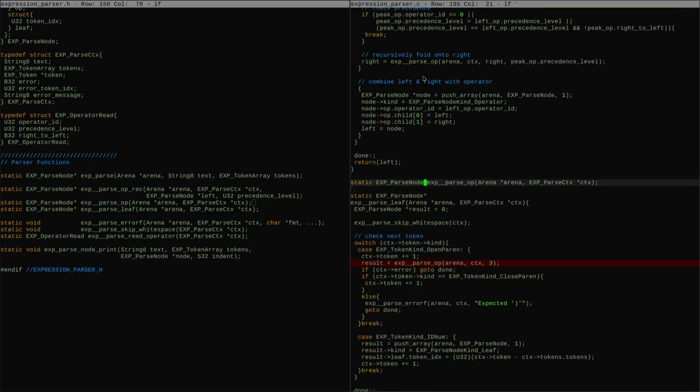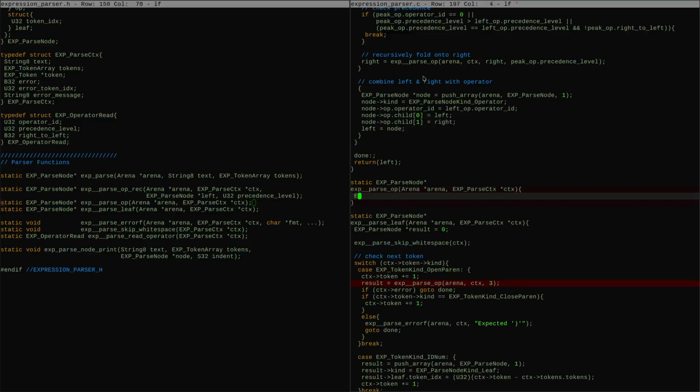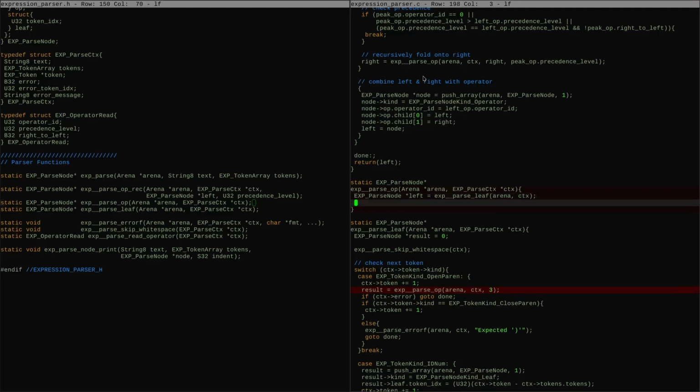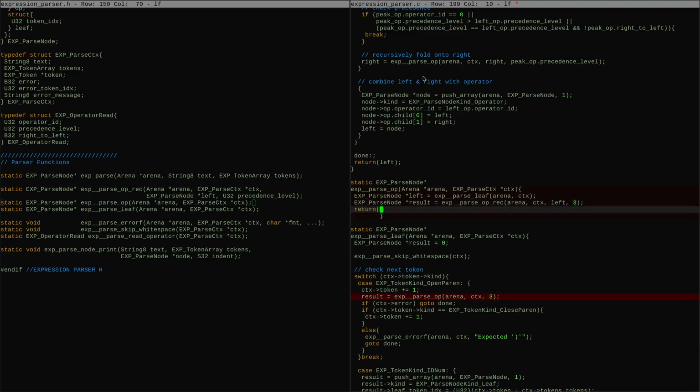With parse op, what you do is you get your left side, and then you parse that, right?